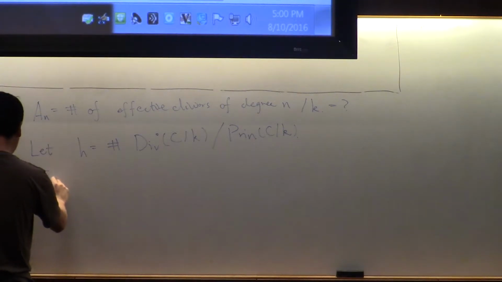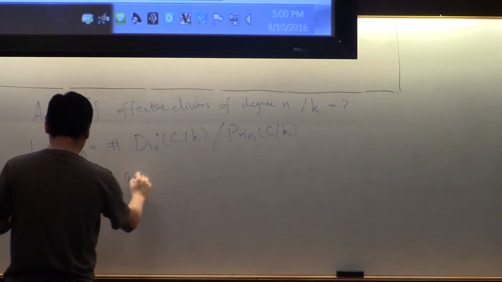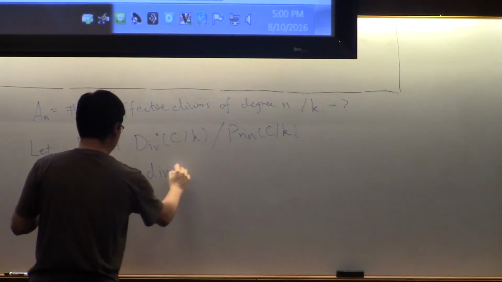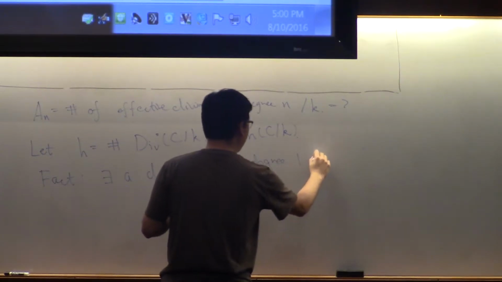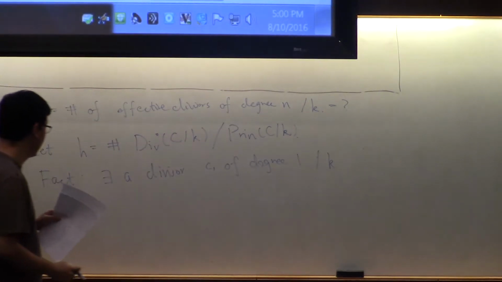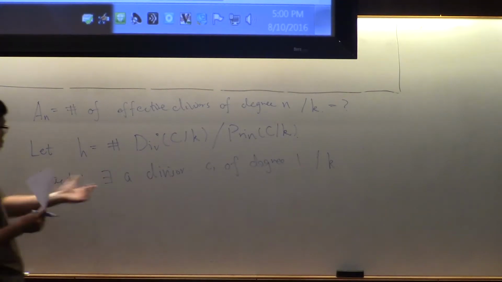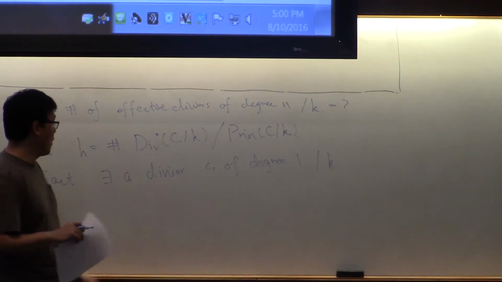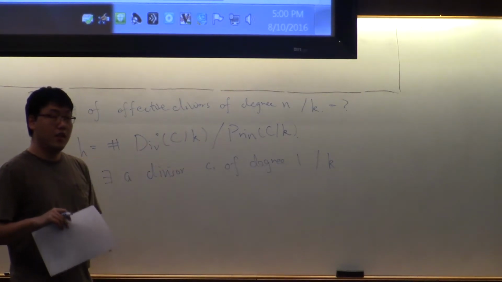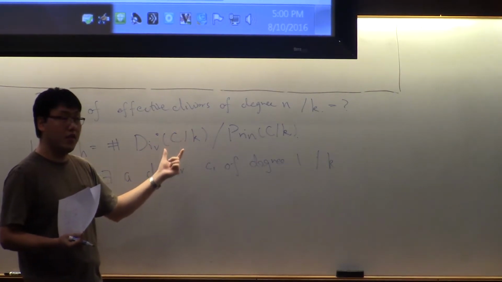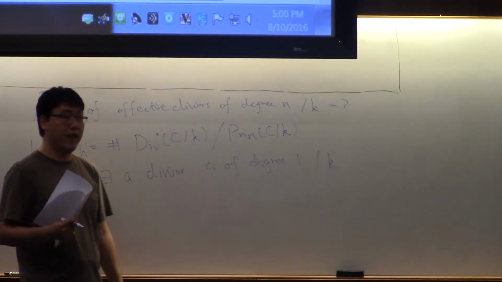And also, I need to assume a fact: there exists a divisor C1 of degree 1 defined over K. This may not be true; this question is closely related to the question of the existence of K-rational points on the curve C. If you have a K-rational point on curve C, you just take that point as a divisor, then you get a divisor of degree 1 defined over K, right?